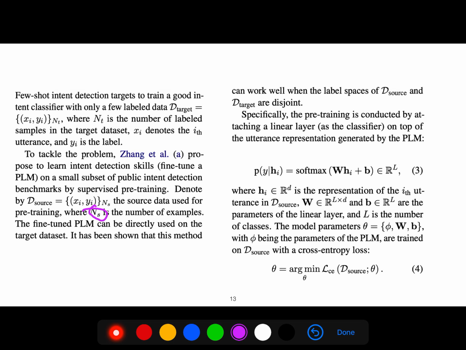So H sub i is the representation of the i-th utterance. We have some parameters, and we just say theta as the reference to all of these parameters. This is a contrastive cross-entropy loss, and we want to minimize it with respect to these parameters.